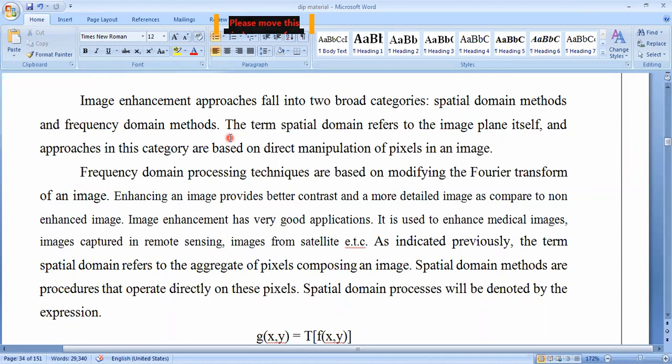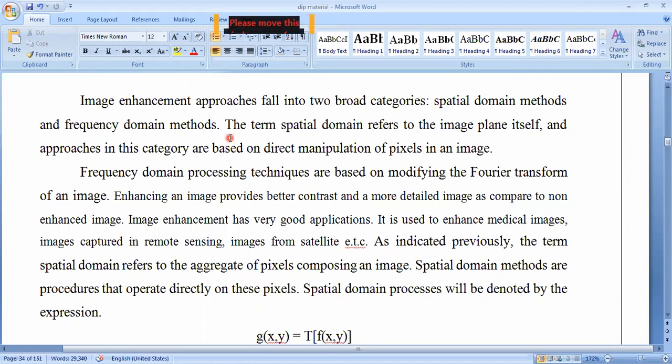Generally, the image size is represented with 256 by 256, so 256 rows and 256 columns. There are many pixel values, gray level values. Why is enhancement required?